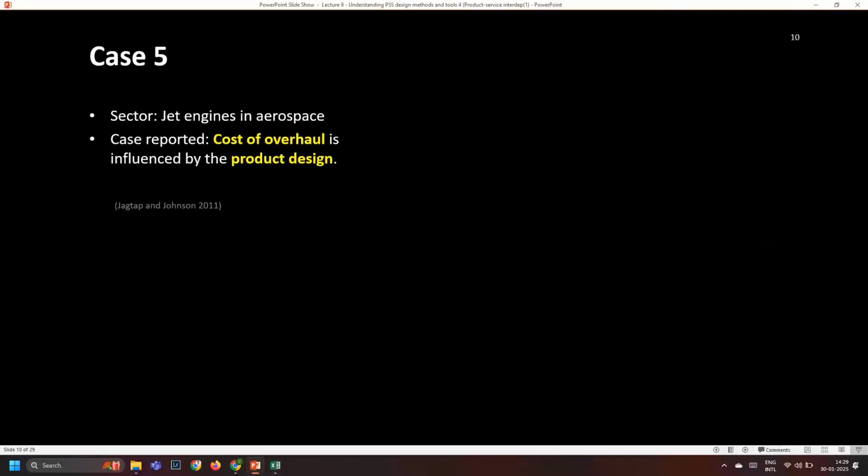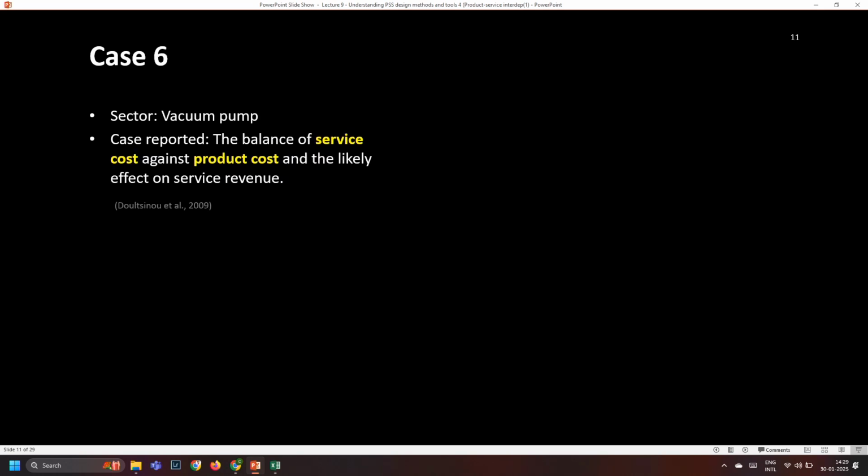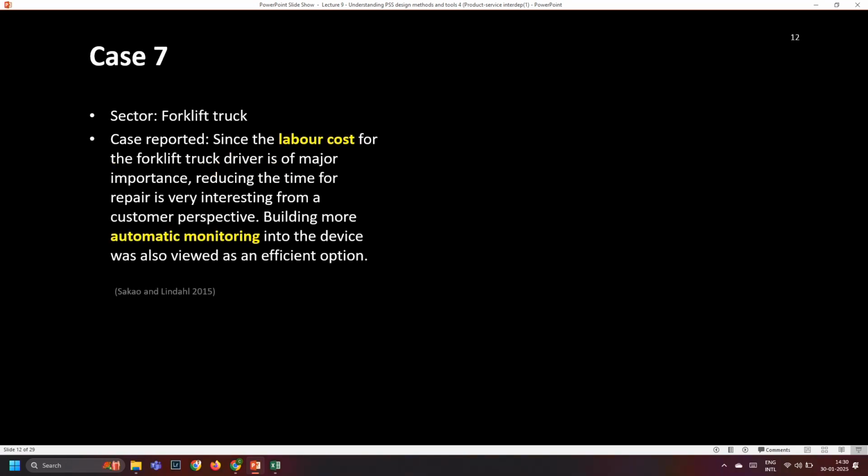Next case, jet engines in aerospace. It's quite simple. Cost of overhaul, that is a service activity, depends on product design, so that the overall cost can be influenced. Vacuum pump, again, service cost against product cost can be handled so that the overall affordability or the price can be influenced.